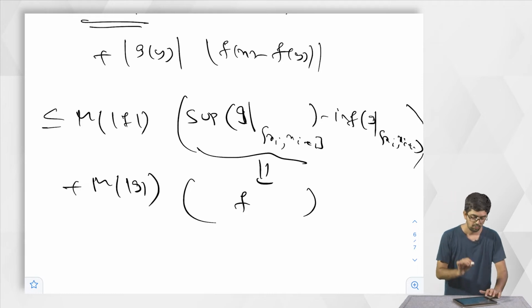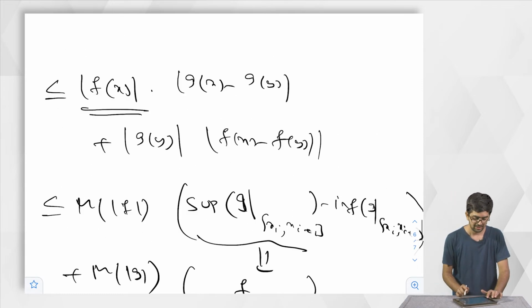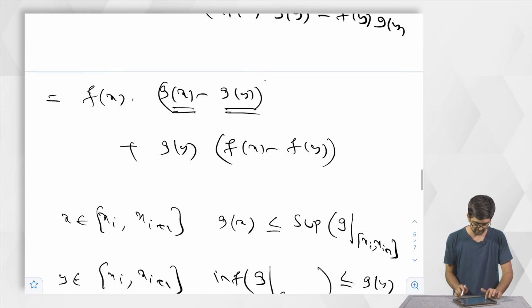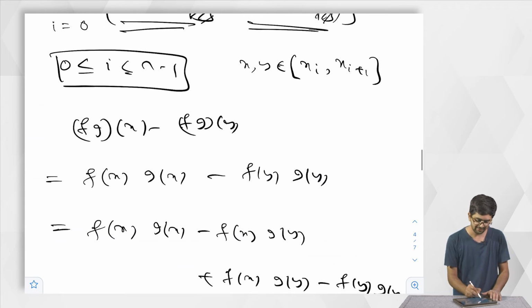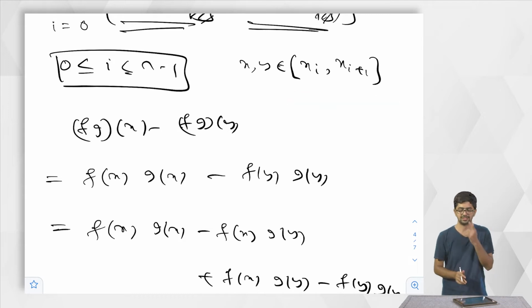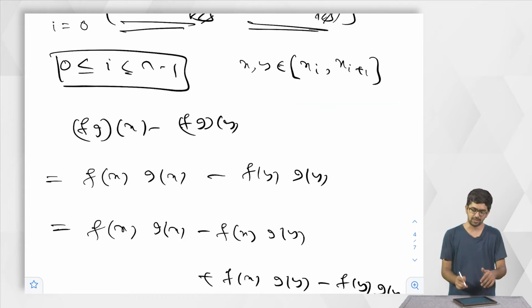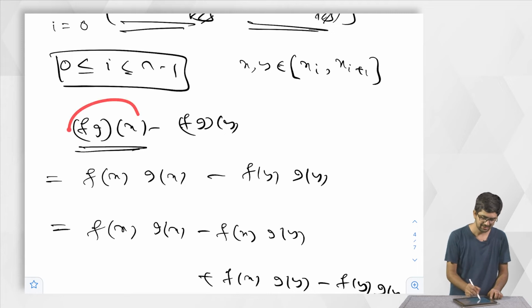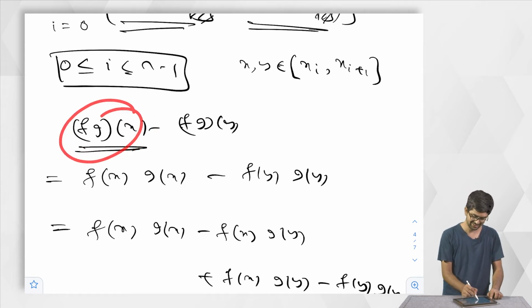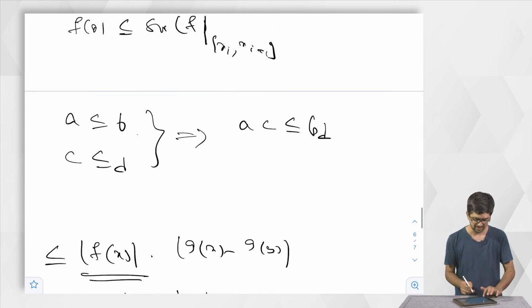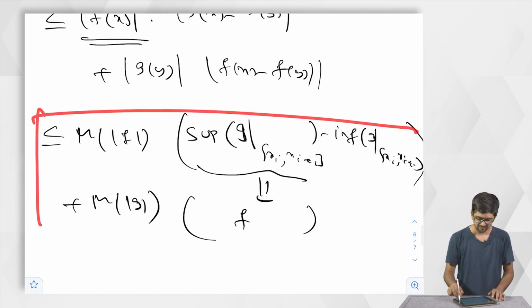Now what we will do is the following. This is true for every x, y inside this interval. So what does this say? If I vary x over all of it, this is still true. This element is less than or equal to this element minus this element, less than or equal to some fixed quantity, whatever I have written here.